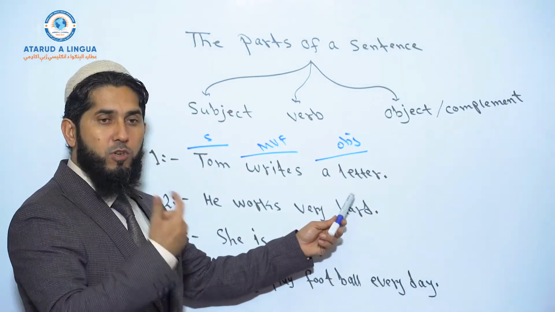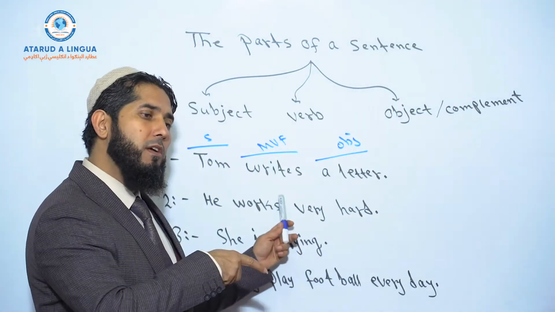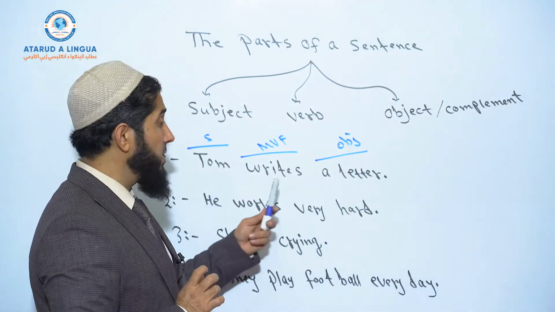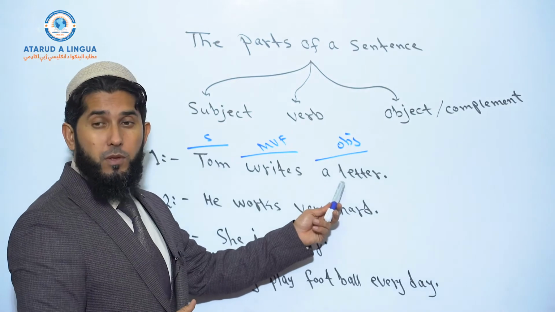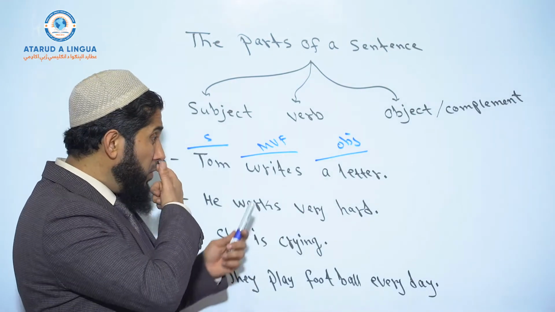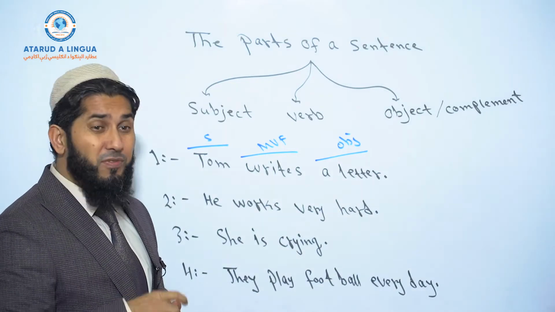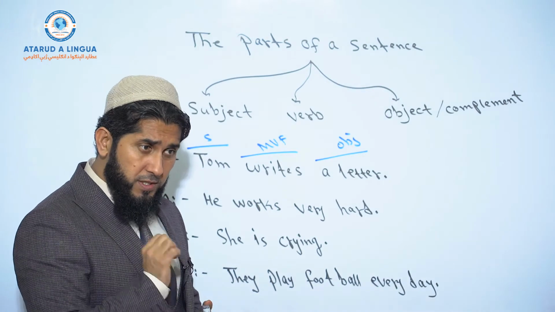Okay? And what is the responsibility of the object over here? It receives the action of the subject. Okay? So subject, the doer of action, verb shows the action of the subject, and object receives. So now you know that this is a transitive verb. If a verb takes an object directly, it is a transitive verb.